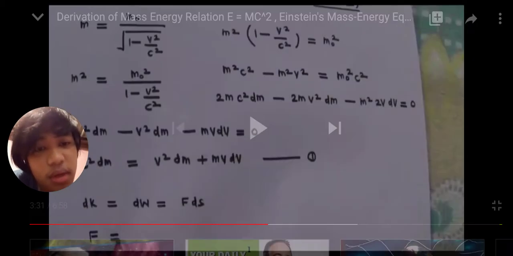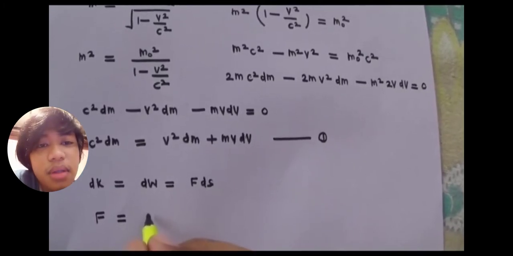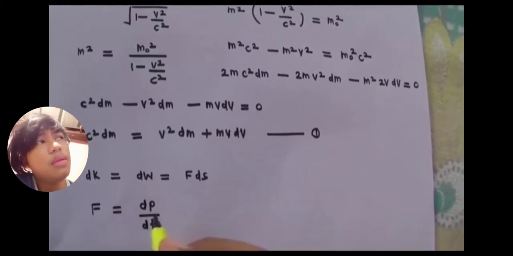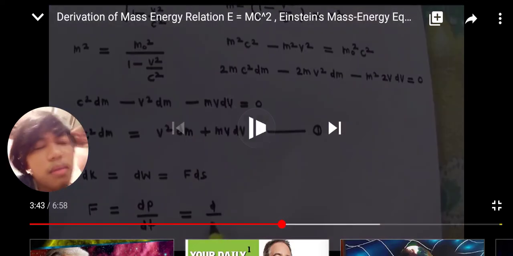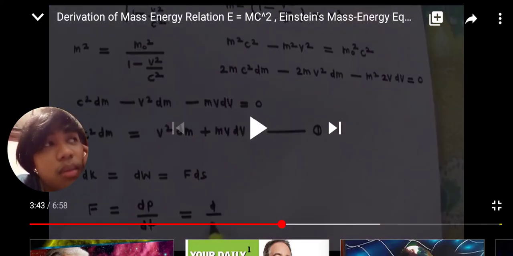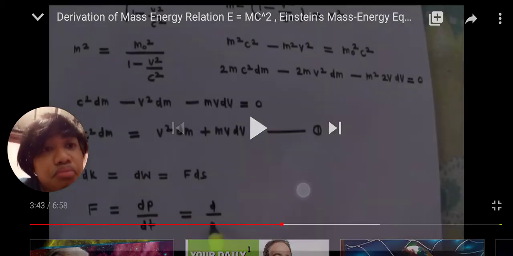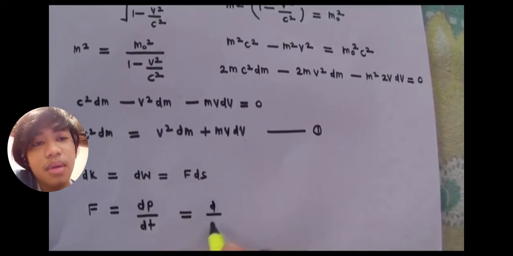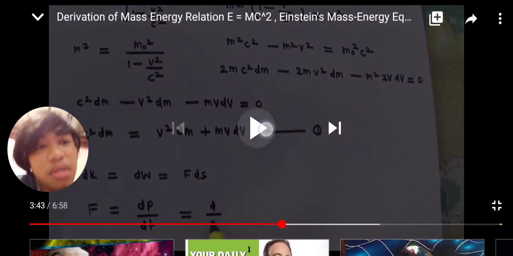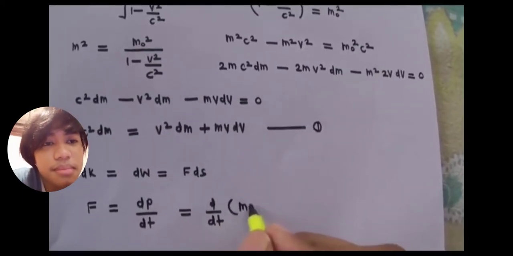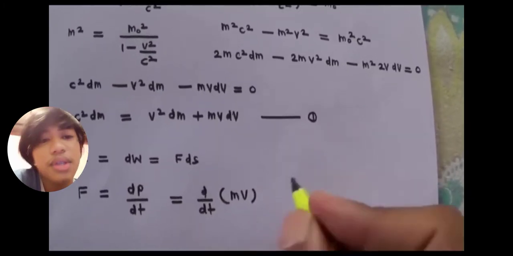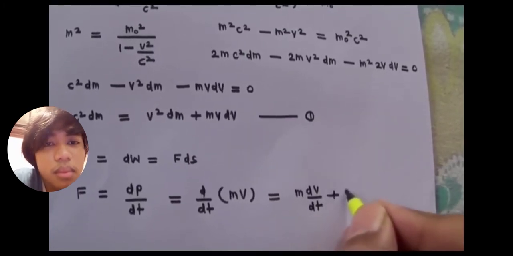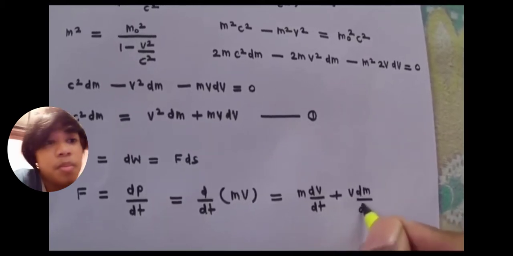From Newton's second law, force is equal to rate of change of momentum with respect to time, dp upon dt, and momentum is equal to mv, which can be written as m dv upon dt plus v dm upon dt.